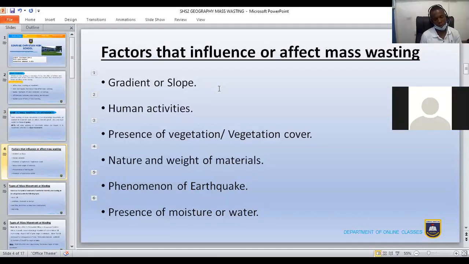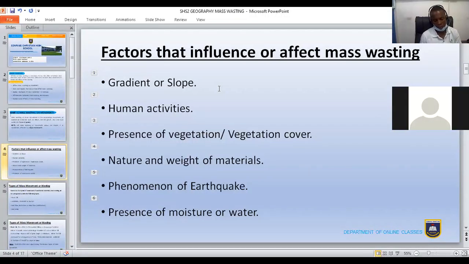All right. So let's look at the factors that influence or affect mass wasting. The first one we are talking about here is the gradient or the slope. How can gradient or slope as a factor influence or affect mass movement?